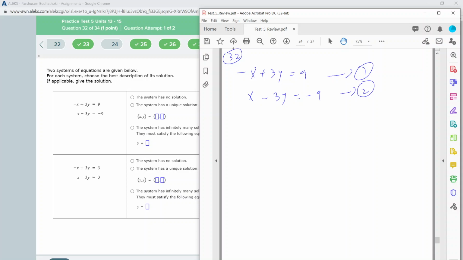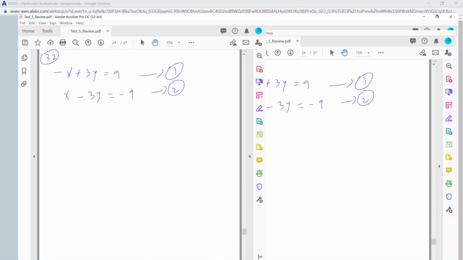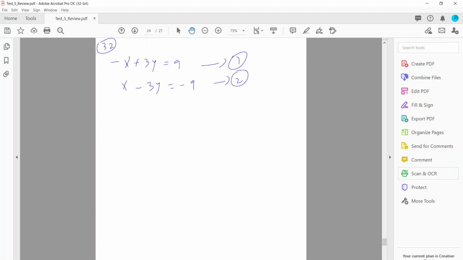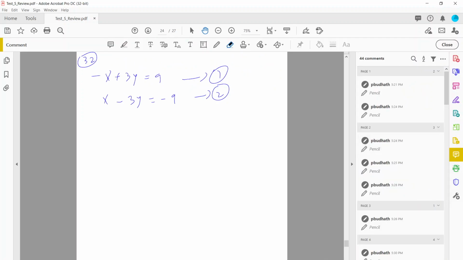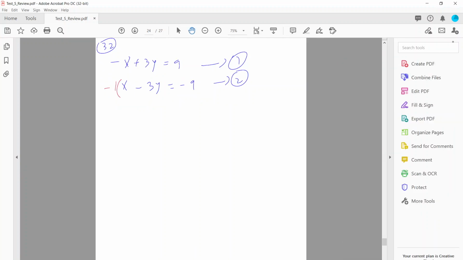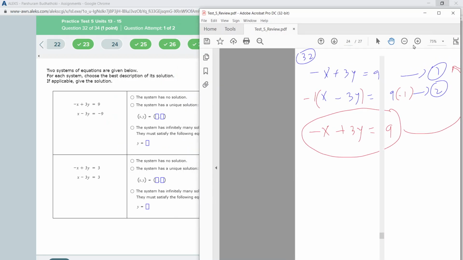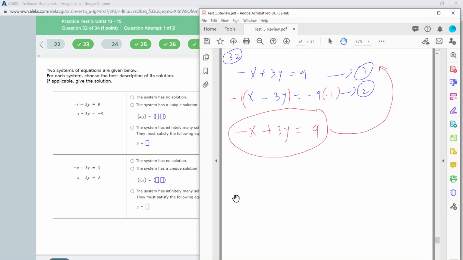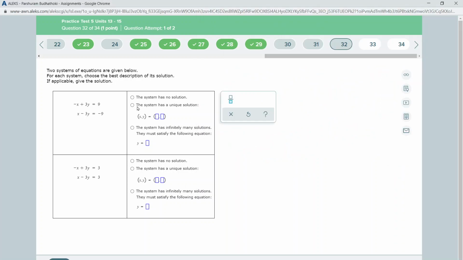They look very similar, so I'm going to multiply both sides by negative 1. That will give me negative x plus 3y equals positive 9. But this is exactly the same as equation 1. So I'm dealing with the same equation. Whenever we deal with the same equation, we will have infinite solutions. The system has infinitely many solutions.